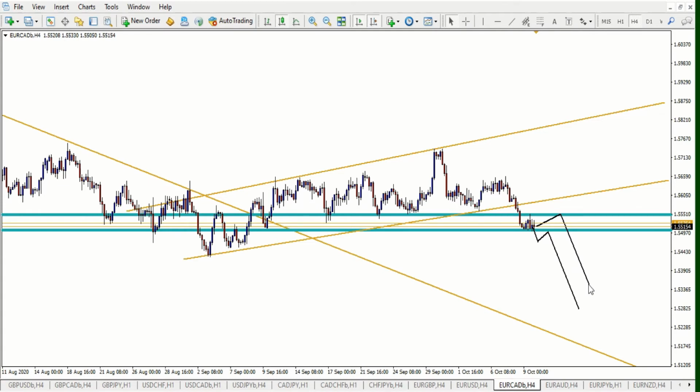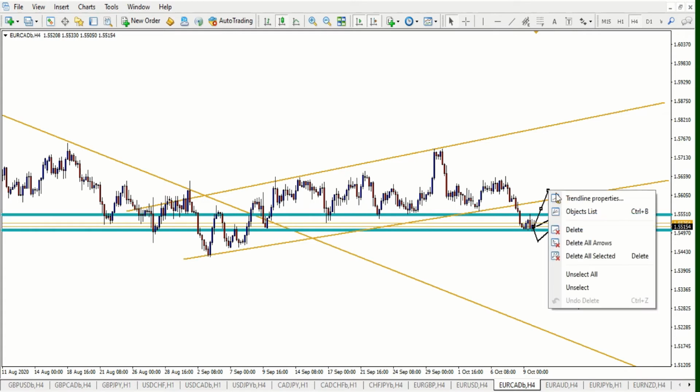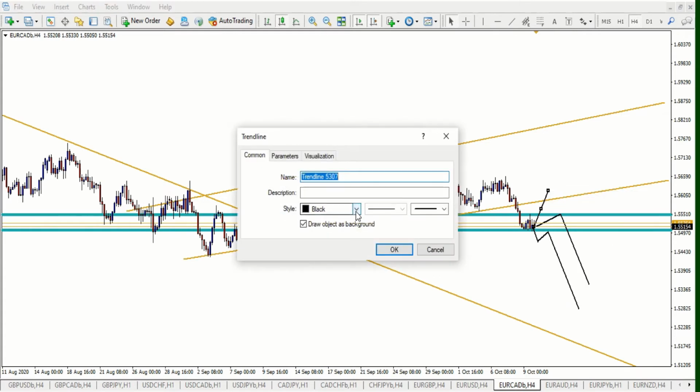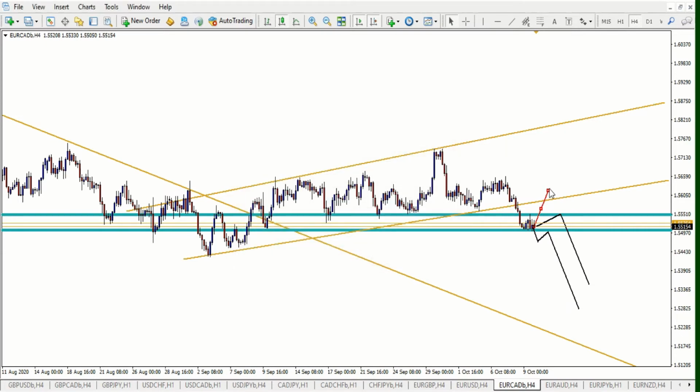However, an invalidation of this would be if the bulls start moving the market up, okay. The bulls start moving the market upward, and the retrace or the retest could be in one of two areas.